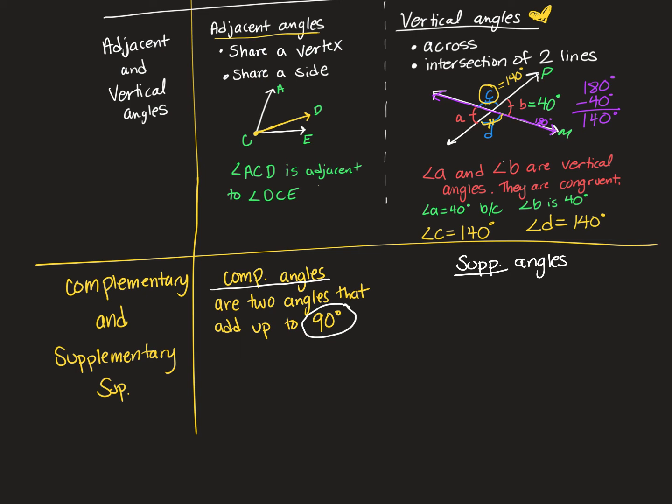Supplementary angles are two angles that add up to 180 degrees. So one adds up to 90 degrees and the other adds up to 180 degrees.